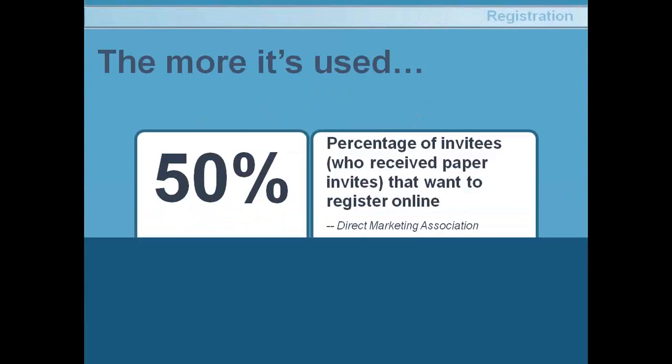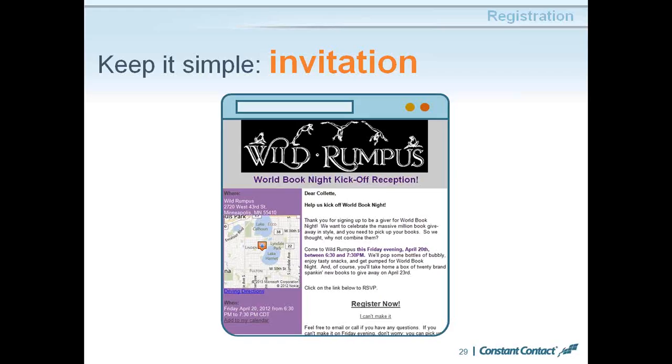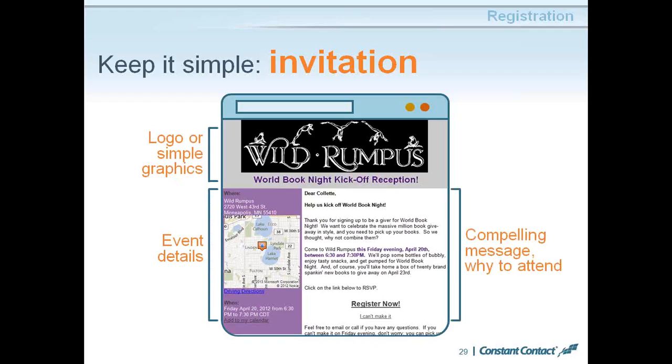So we mentioned the invitation earlier. A great online registration tool is one that also allows you to streamline the sending of invitations to your list and brings together the information for the event with your email list to send it out to your audience. So there are a couple things to keep in mind as you build your invitation. You want to have simple graphics. Keep the logo in there to keep it matching, and also include the basics: the location, the date and time.